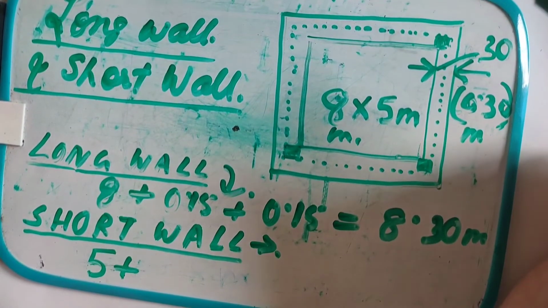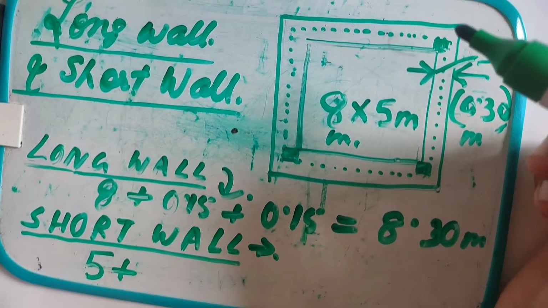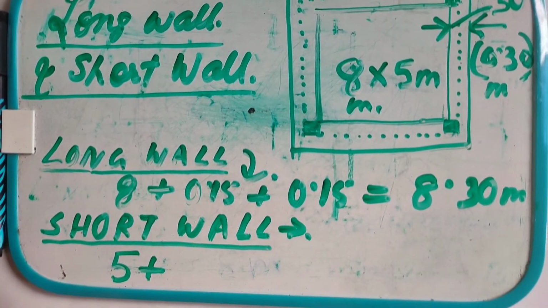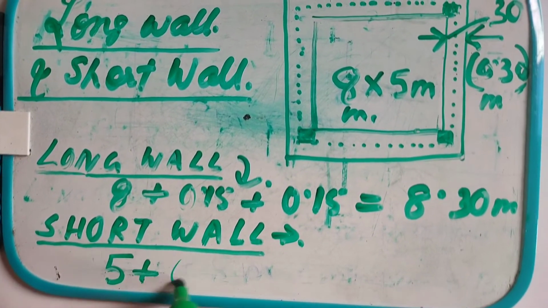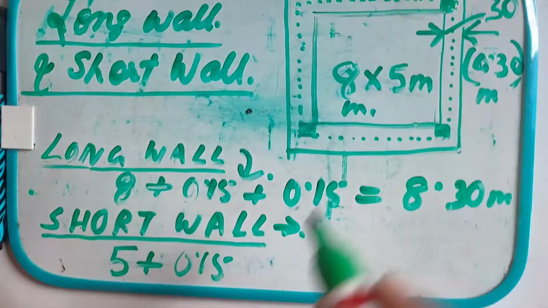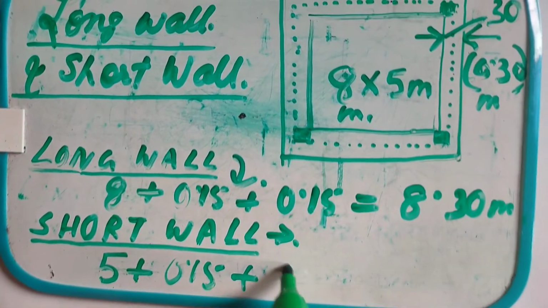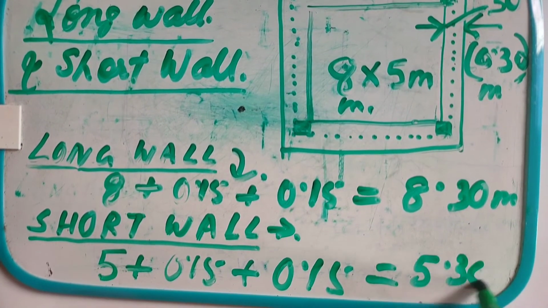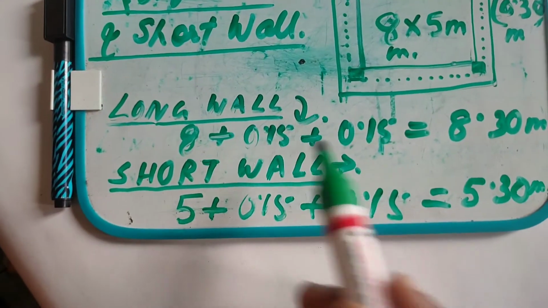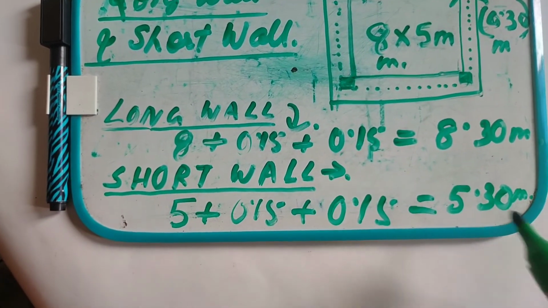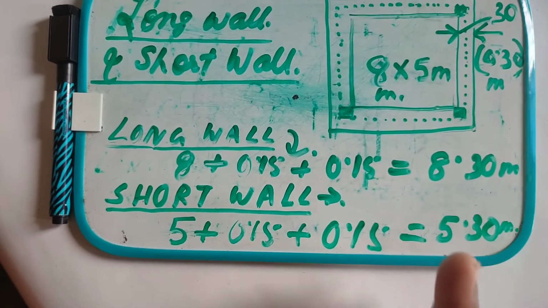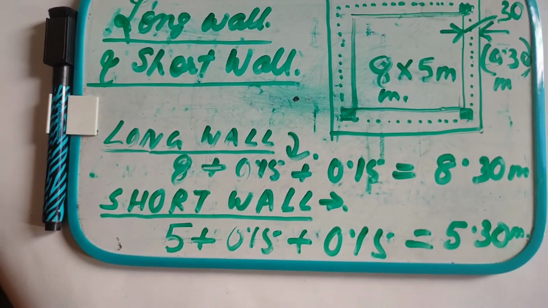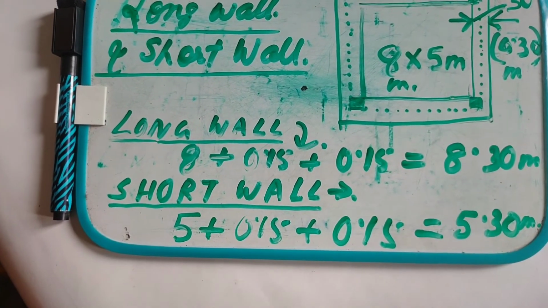As I told you, we have to consider half the thickness of the wall on each side while calculating for long wall and short wall. So 5 plus 0.15 on this side and again 0.15 on this side gives 5.30 meter. So long wall is 8.30 meter and short wall is 5.30 meter. These are the initial lengths which are used for the calculation in the estimating table to find out the quantity.